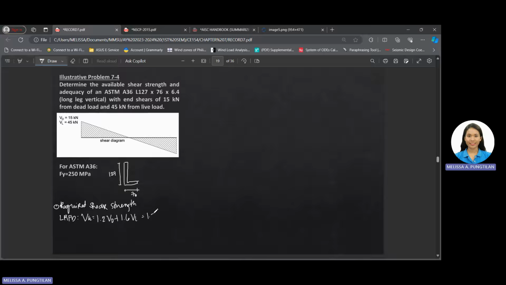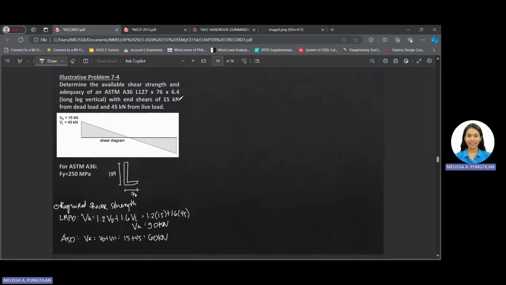So we have 1.2 of 15 plus 1.6 of 45. Therefore, we have 90 kilonewton. Okay. And then for ASD, we have VD plus VL. So 15 plus 45. Therefore, we have 60 kilonewton for ASD.